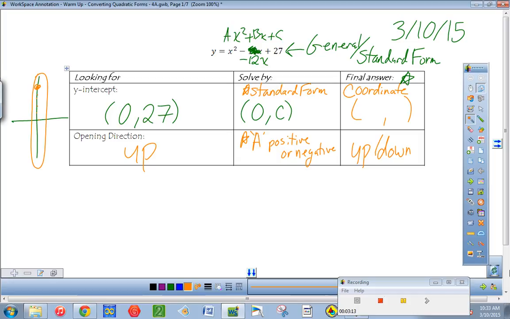Is it going to be a coordinate? Is it going to be words? These are the possible final answers. Does that make more sense? Is that a positive or a negative? It could be both. If a is positive, it's going to open up. If a is negative, it's going to open down. Okay. Cool. Good?